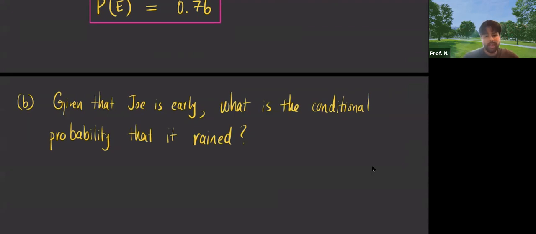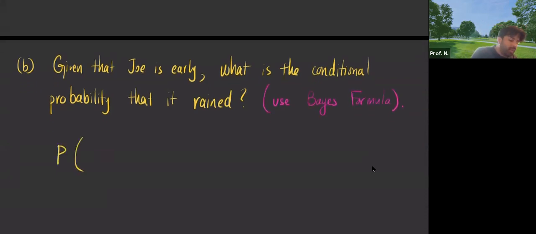Because if you just know that he came early, it could have rained or it could have not rained. So what's the probability that it did rain if he came early? That's where we use Bayes' formula. How would I express this probability? What am I really looking for?